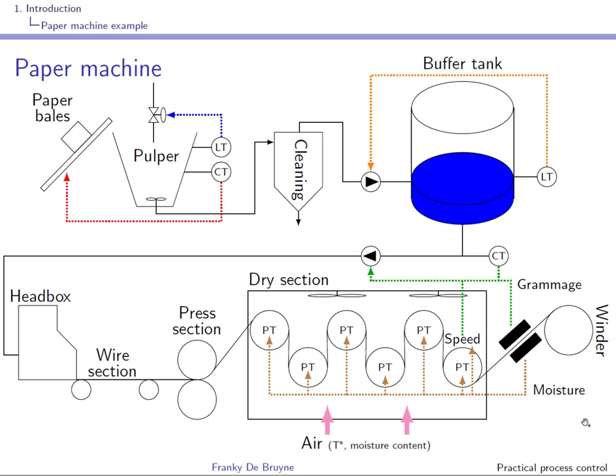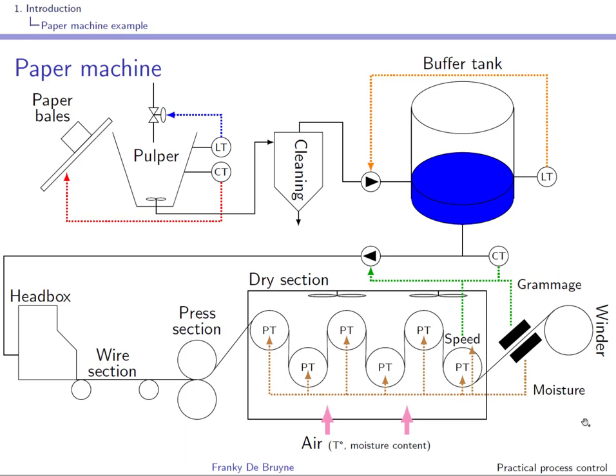Depending on the grammage of the paper web, the speed of the production line needs to be adapted. A high grammage will result in a lower speed. This makes sense. The paper web has to spend more time when it's heavier in the dry section, as there is more moisture to evaporate.